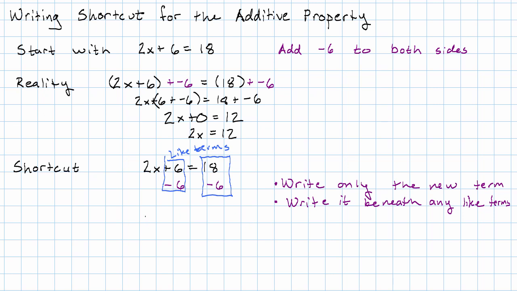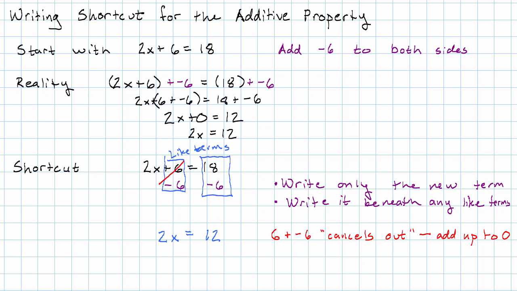And now on my new line, I'll say 6 and negative 6, quote unquote, cancel out. In this context, cancels out means add up to 0. And so I'll be left only with 2x on the left, and 18 minus 6 is 12 on the right.